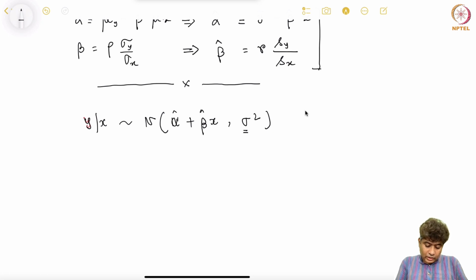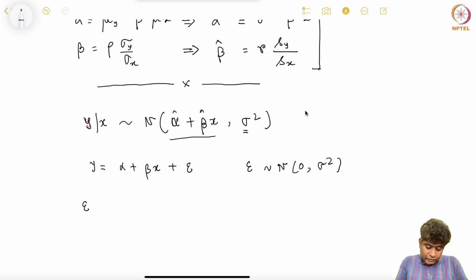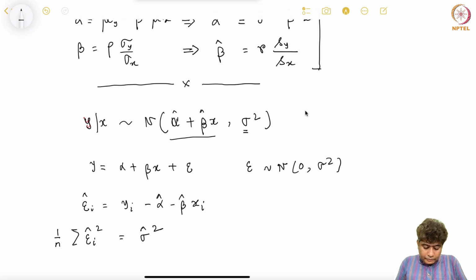What we can do is think of this model as y equal to alpha plus beta x plus epsilon, where epsilon follows normal 0 sigma square, and then automatically y follows normal alpha plus beta x and sigma square. So we can calculate epsilon i hat as yi minus alpha hat minus beta hat xi, and then we can take the square and the residual sum of squares, and this could give a sigma hat square.